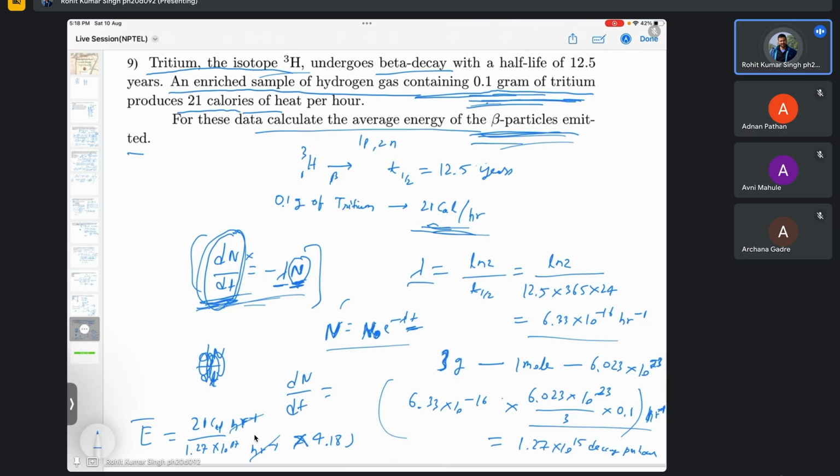And to get into keV or MeV, you have to divide by 1.6 into 10 to the power minus 19, because 1 electron volt is this much joule. So this you can do.